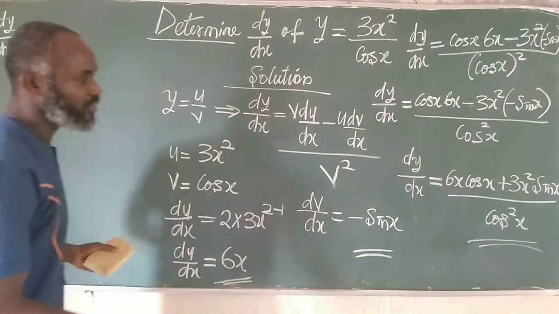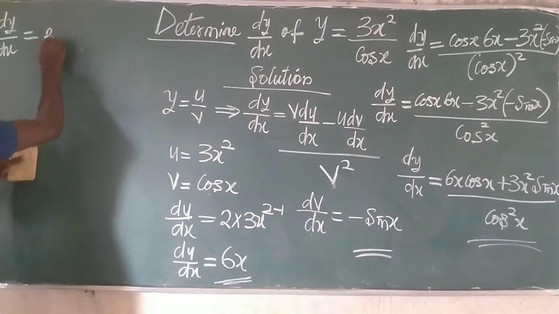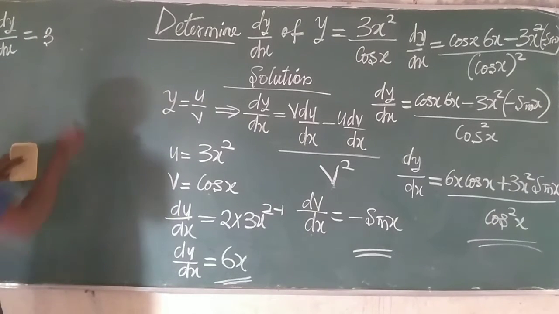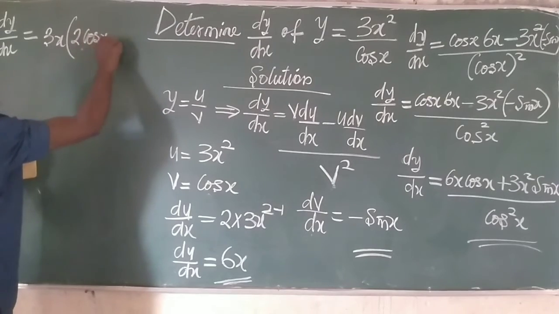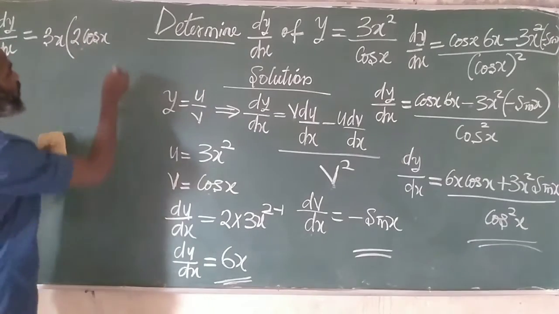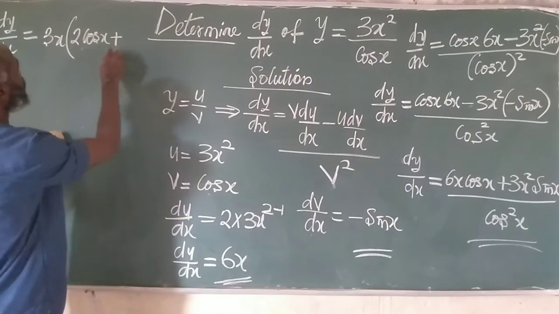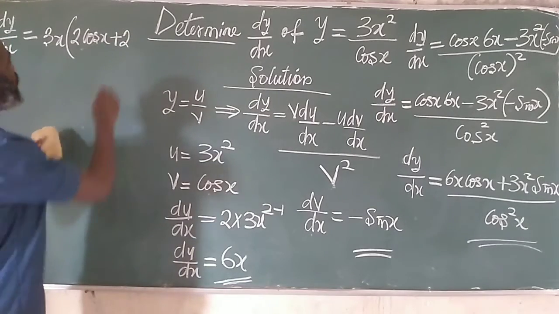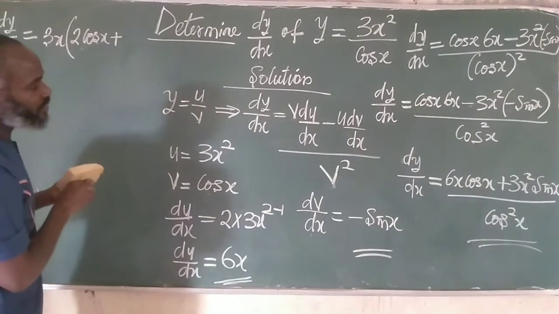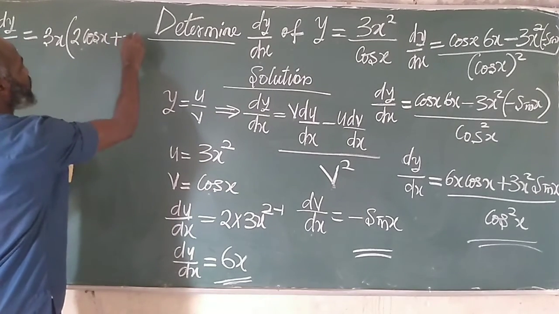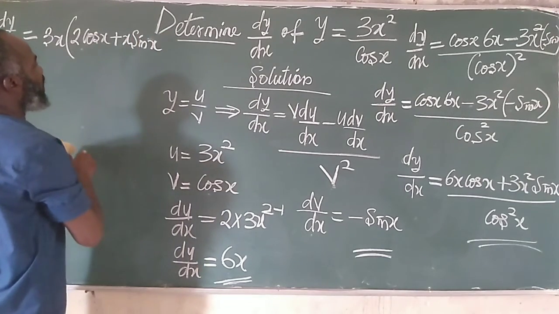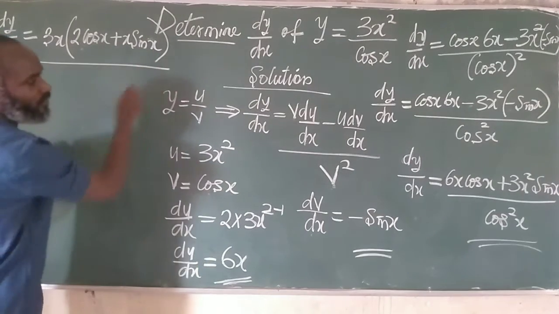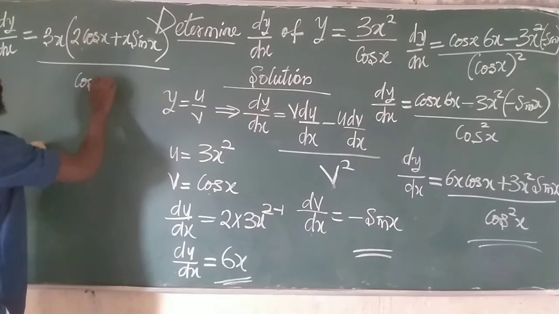We are going to bring out 3, and then bring out 3x and close, 2 cos x. And then the next one is going to be plus, and the only thing we're going to write here is x sine x, all over cos x squared.